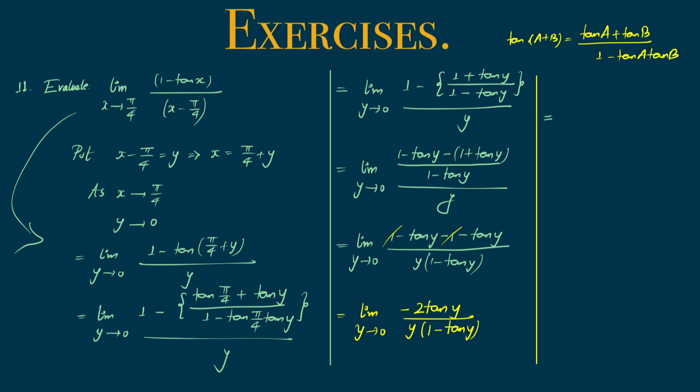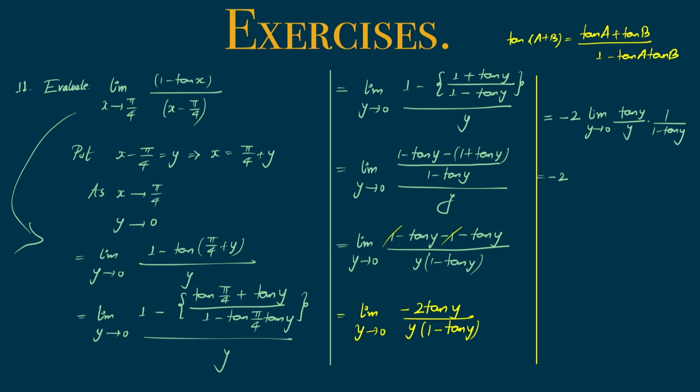Since this minus 2 is constant, I can take it out in front, so it will be minus 2 limit y tends to 0 tan y by y, and let me write it separately, 1 by 1 minus tan y, so it will be equal to minus 2.